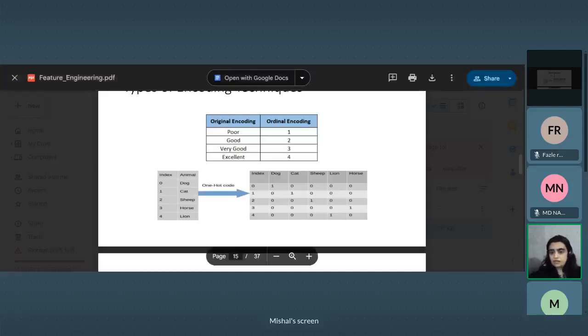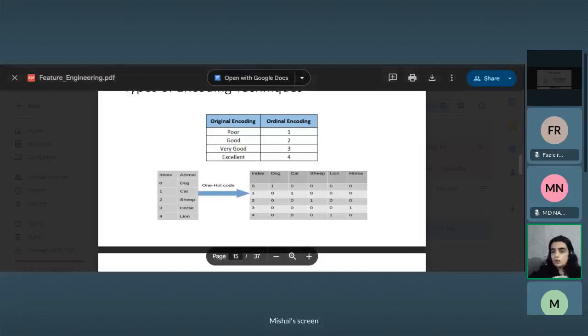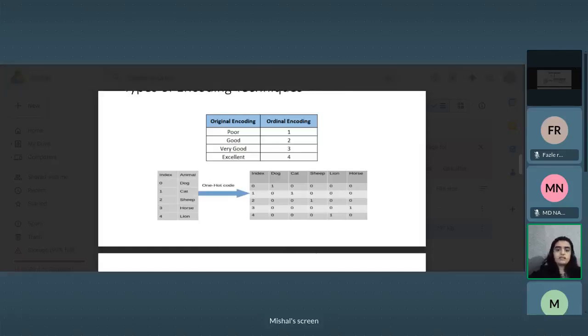Cat, here we have it as a separate column. Same goes for other animals: sheep, lion, horse. Now, if for the first sample we have dog, then we will consider it 1, and for all others it will be 0 in the data.